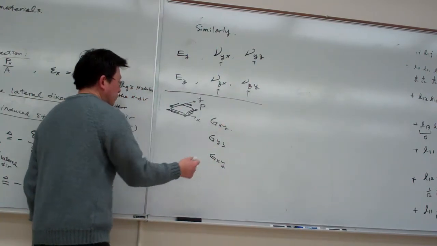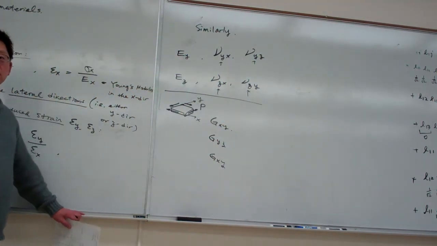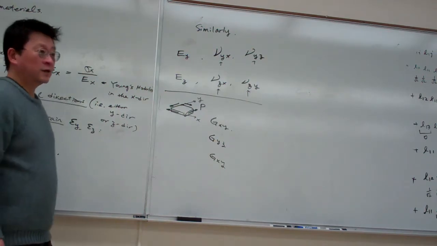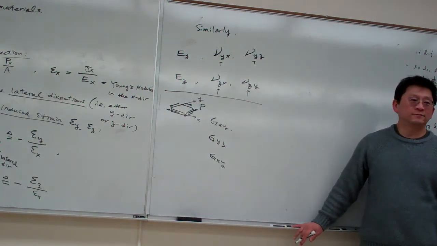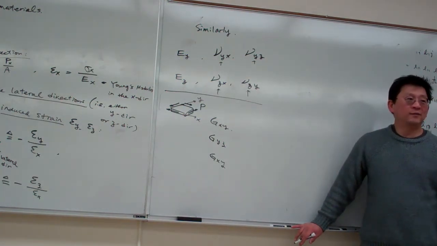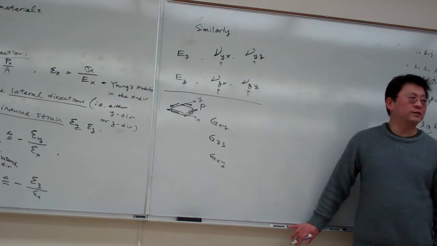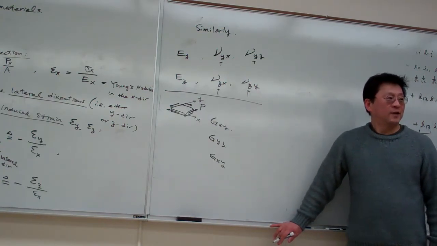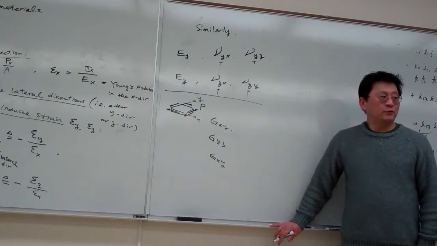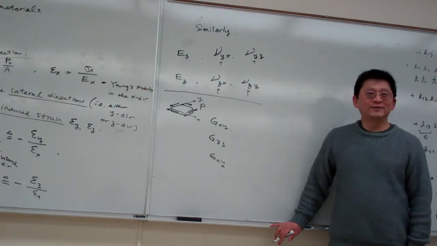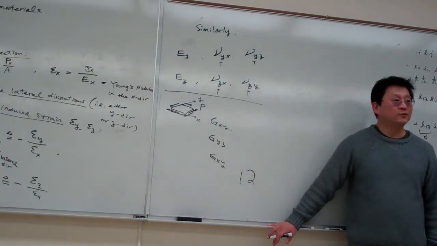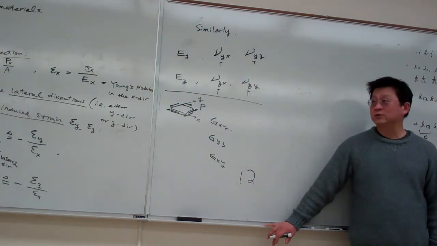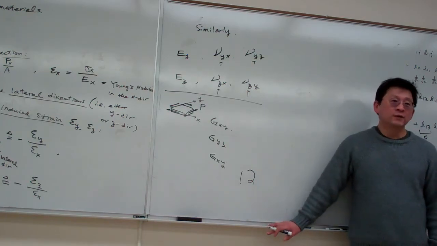So additionally, we have 3 more independent parameters. So here in total, who can tell me how many parameters we have? 9 plus 3. I'm not tricking you. That should be 12, right? Okay, 12 engineering parameters to describe the orthotropic materials.